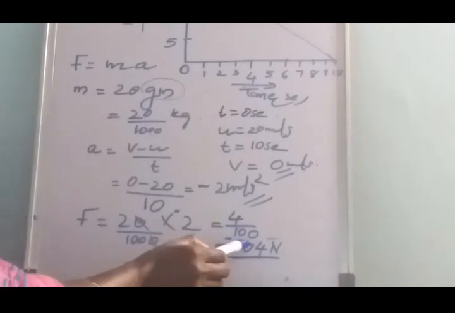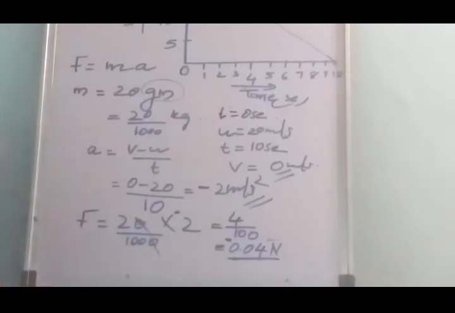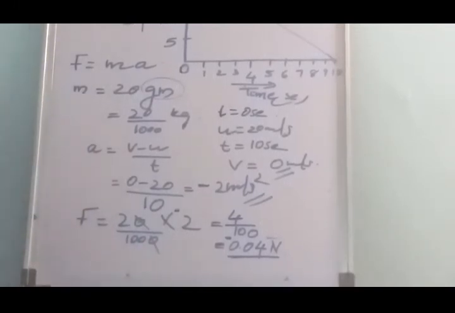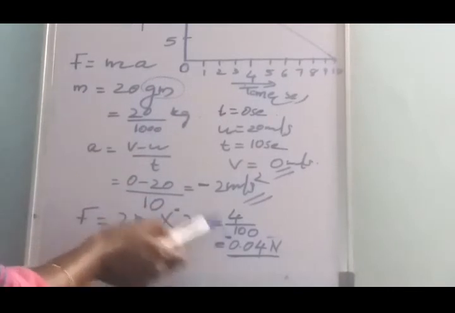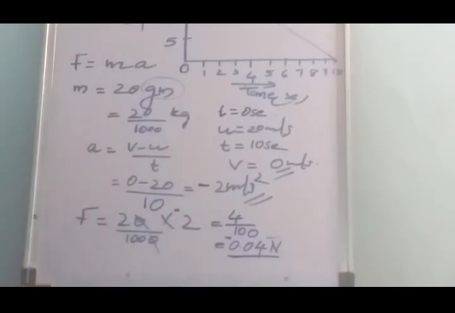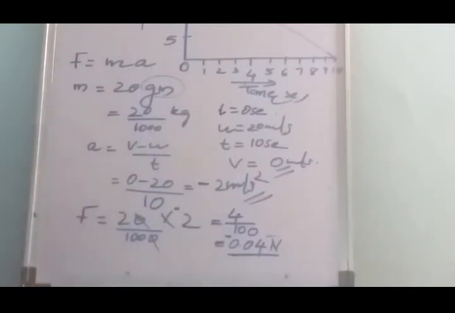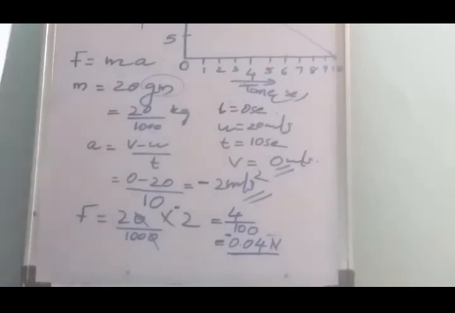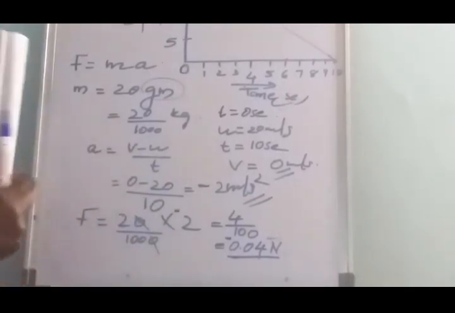Minus 0.04 Newton is the force exerted by the table on the ball to bring the ball to rest. What is the significance of the negative sign here? The negative sign shows that the force exerted by the table is opposite to the motion of the ball.